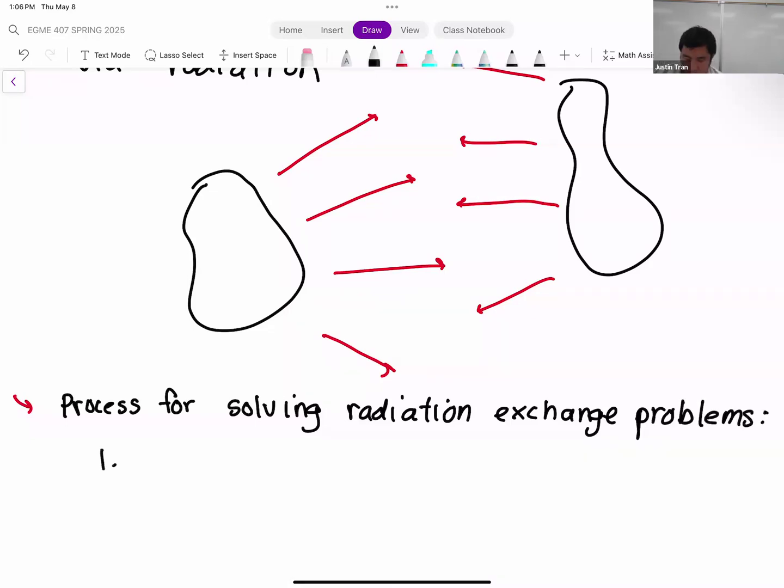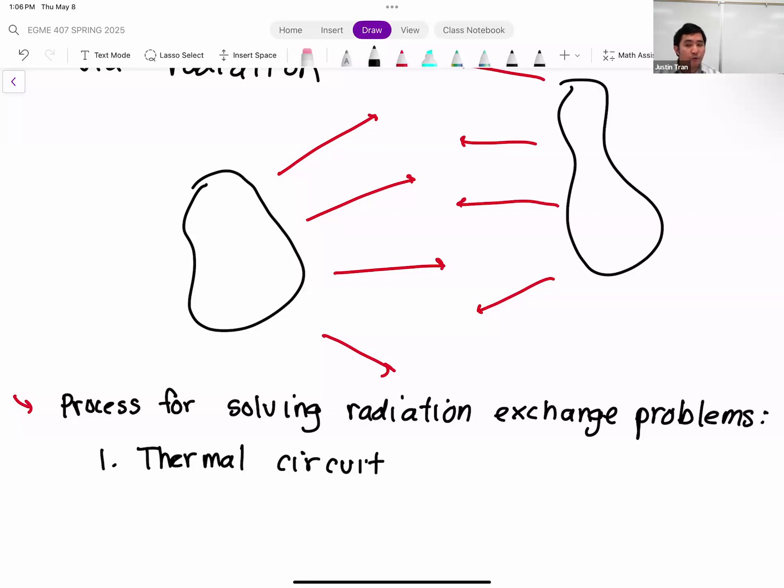Okay. Step one is to draw the thermal circuit. And, just like we talked about on Tuesday, the thermal circuit for radiation problems is a very important step, because it's in this step that you lay out all the different pathways that heat can go. With radiation, it's a lot more complex, and so you don't just have heat going in one direction.